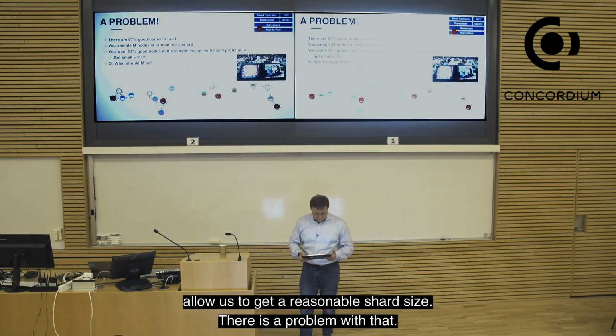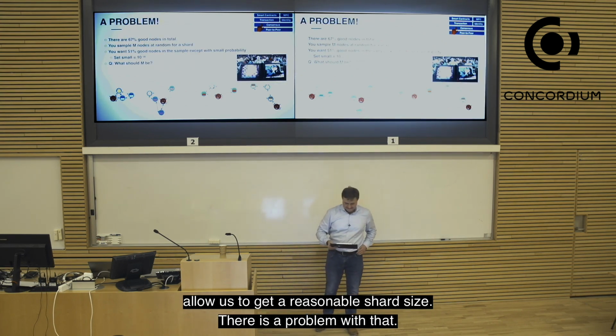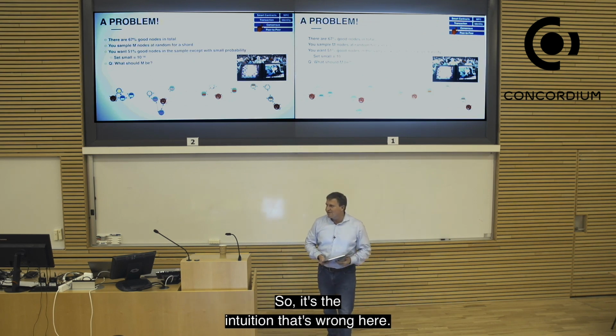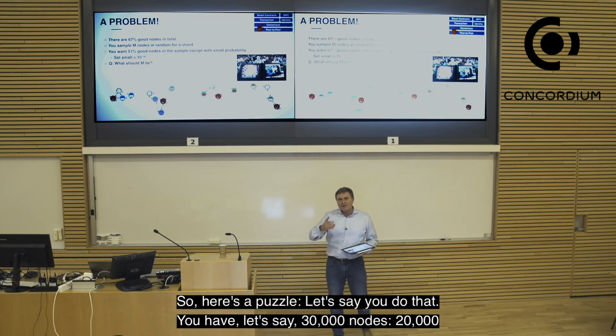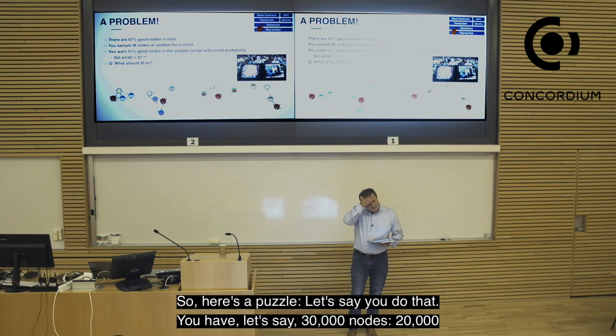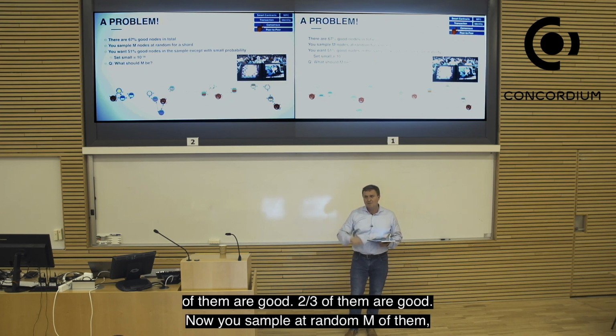No. There is a problem with that. So the intuition is wrong here. So here's a puzzle. Let's say you do that. You have, let's say, 30,000 nodes. 20,000 of them are good. Okay, 2/3 of them are good. Now you sample at random m of them.